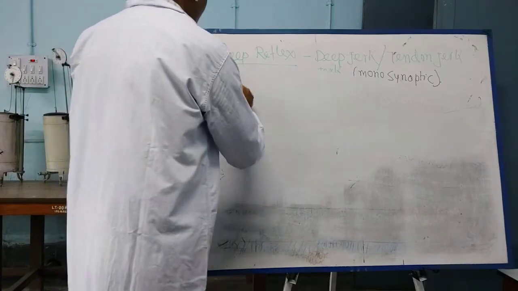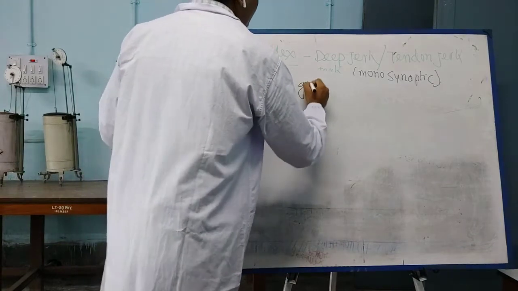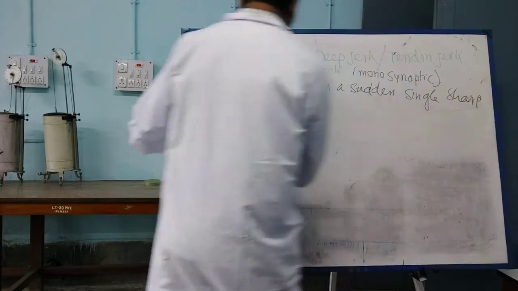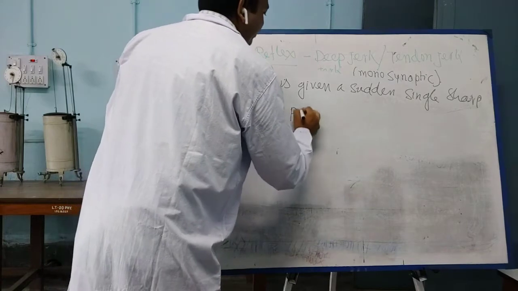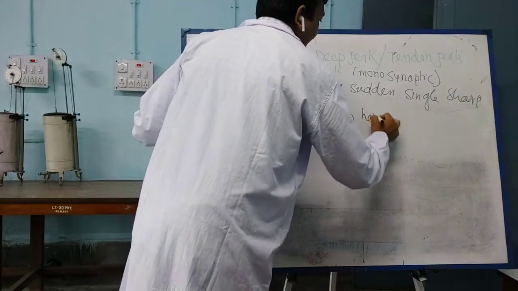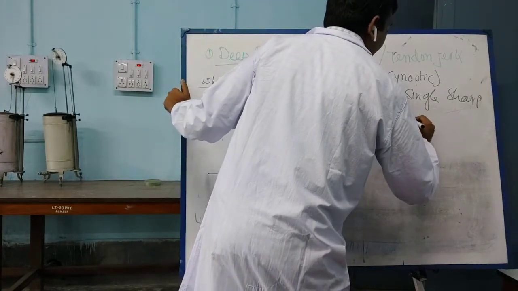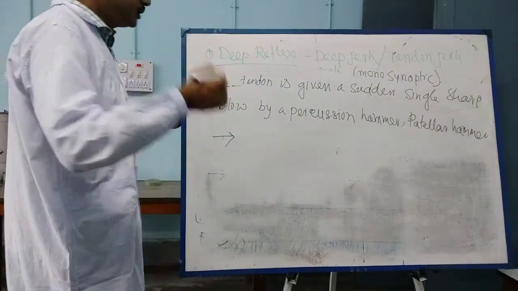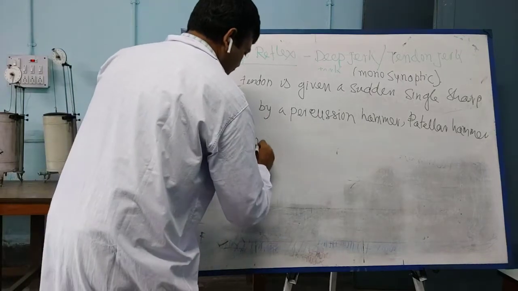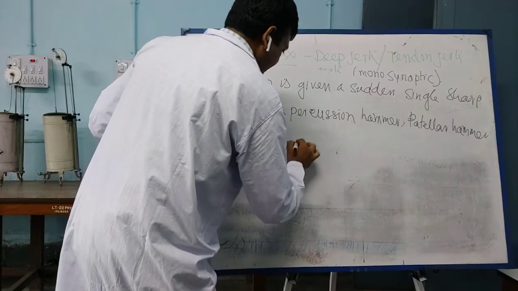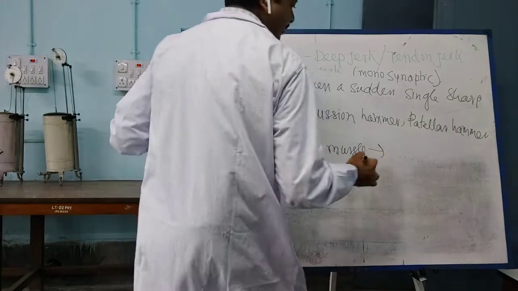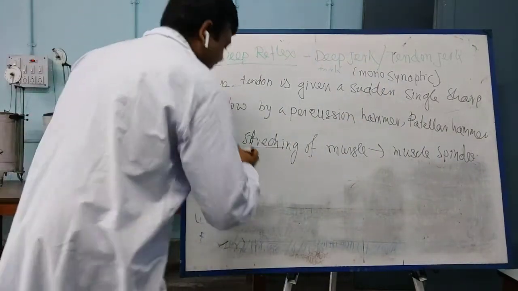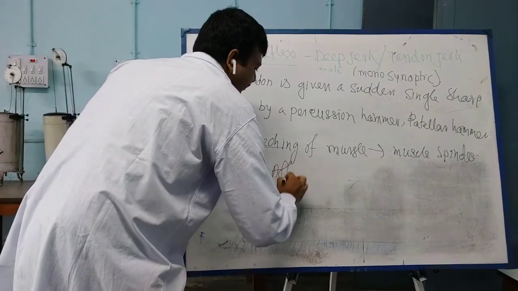When the tendon is given a sudden single sharp blow by a percussion hammer or the patellar hammer, it will cause stretching of the muscle that stimulates the muscle spindle, that sends the impulse via 1A afferent, integrated at the spinal cord.